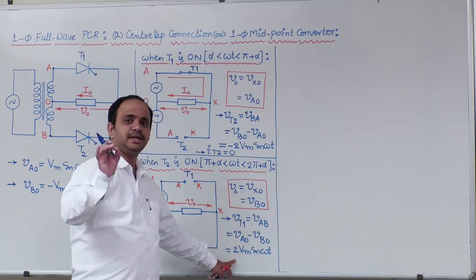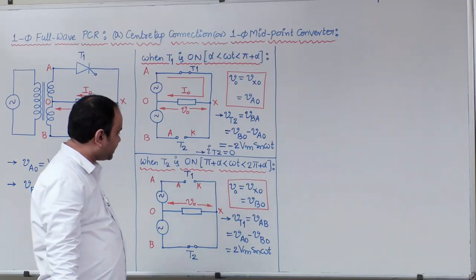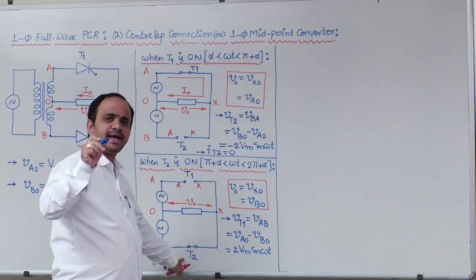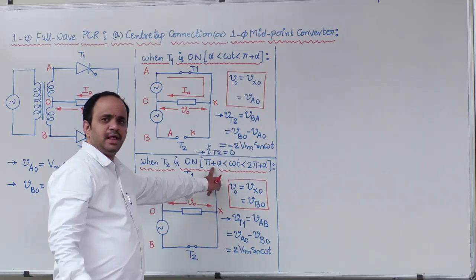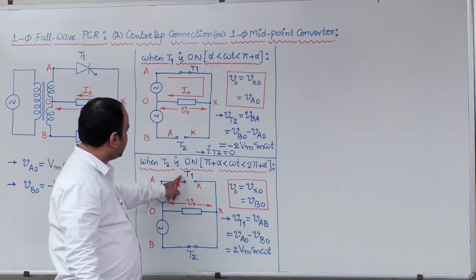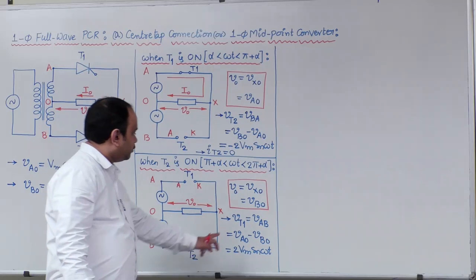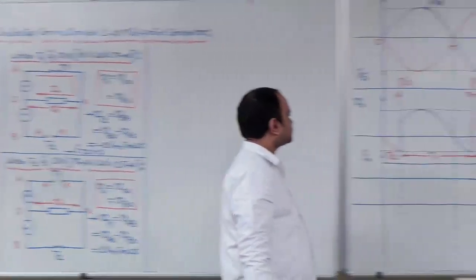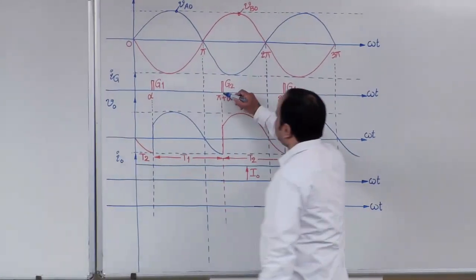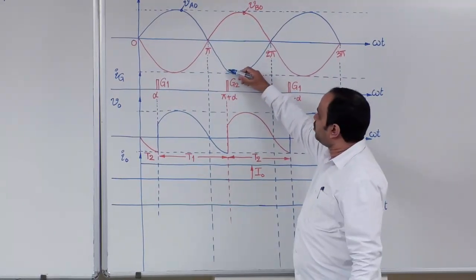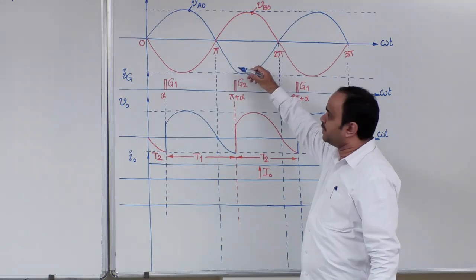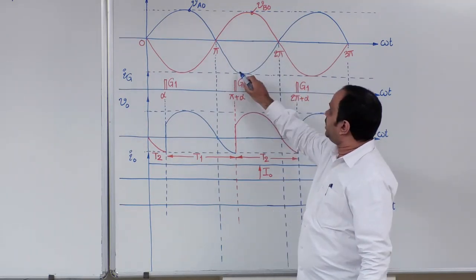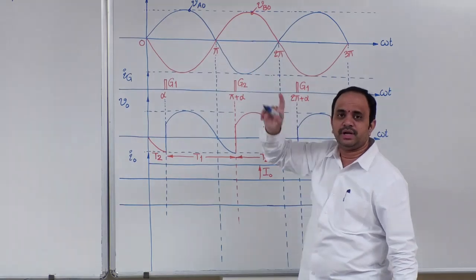How is it negative? Let us see. Whenever T2 is turned on, what is the angle? Pi plus alpha. At pi plus alpha, T1 is subjected to VAO minus VBO. Now look into the waveform. At pi plus alpha, VAO value is negative and VBO value is positive. Negative minus positive will give you negative.